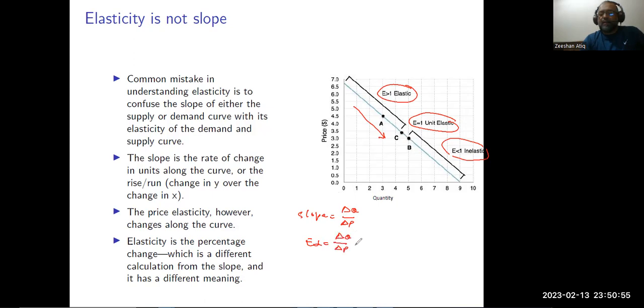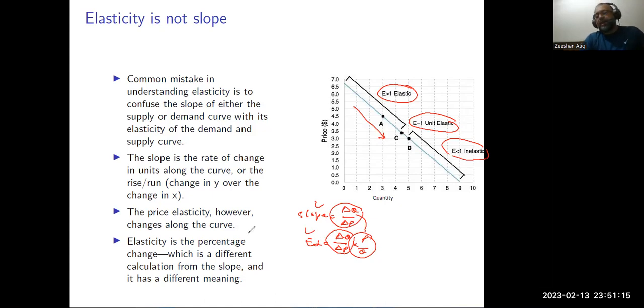Here, we multiply this slope with the ratio of P into Q. So if you compare this formula with this formula, you will find that they are not the same thing. And that is what we need to understand.